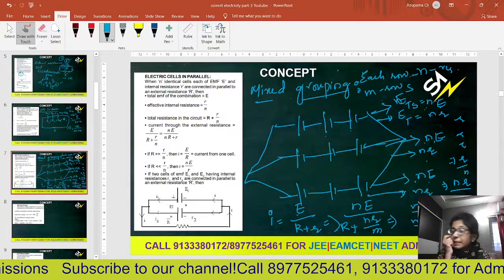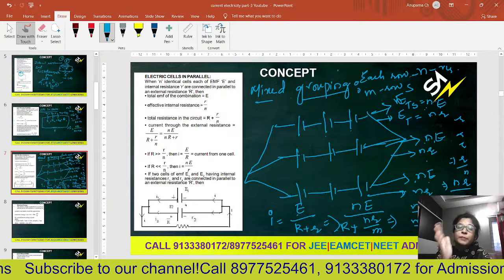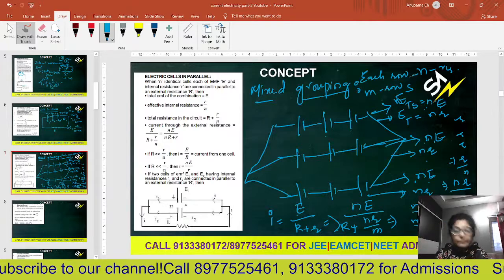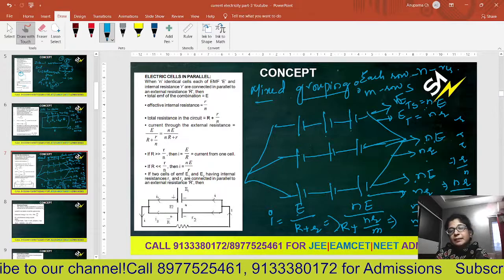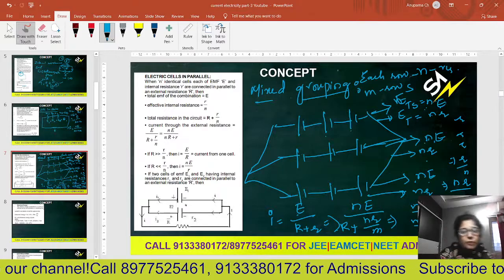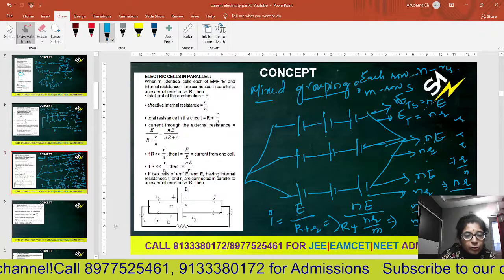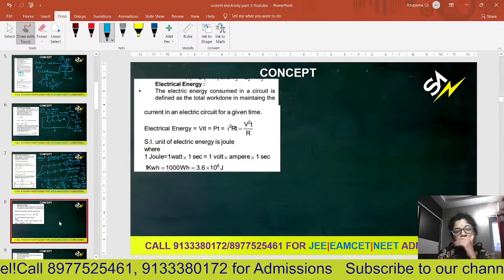So this is about the mixed groupings of the cells. I hope this particular thing is clear for you. Right? Now we will go to the next one.